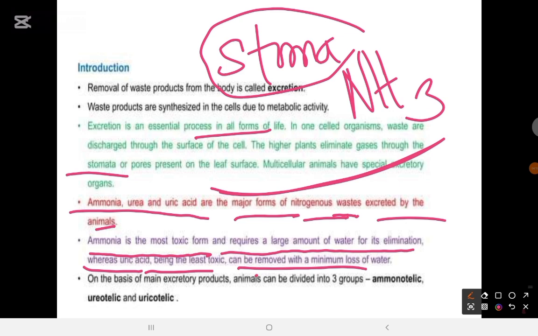On this basis, we characterize organisms as ammonotelic, ureotelic, and uricotelic.